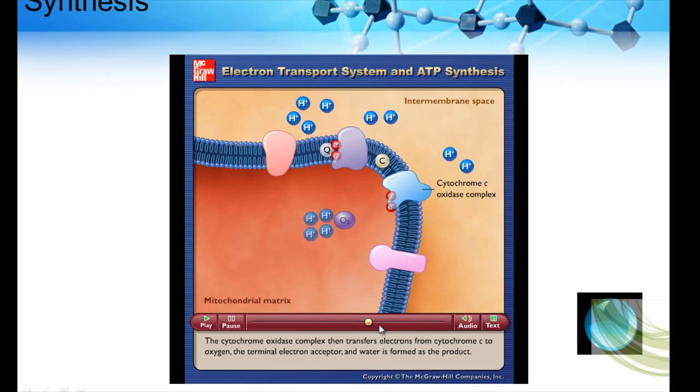Now, let's look at that. We've got a bunch of these hydrogen ions on this side split from these electrons as well. So each hydrogen brought by NADH or FADH2 is split from its electrons, so you'll get some hydrogen ions here and some hydrogen ions here.